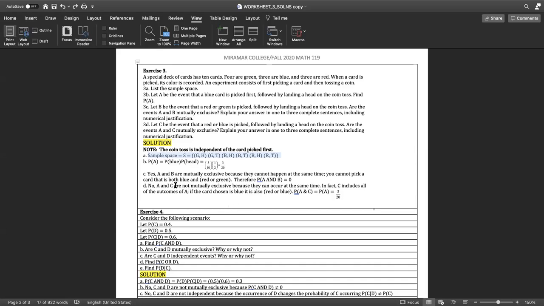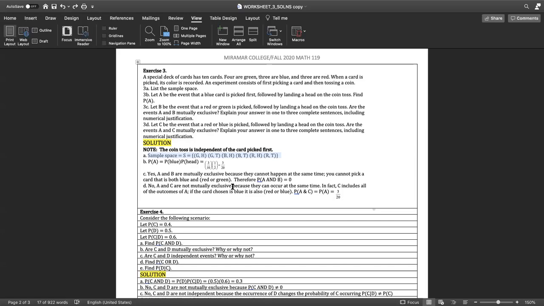Now there, you can see that they're not mutually exclusive because they both involve the blue card, right? So you can have a blue card pick, and then in fact, C says red or blue is picked. Aha, I've picked a blue card, and so A and C are not mutually exclusive.